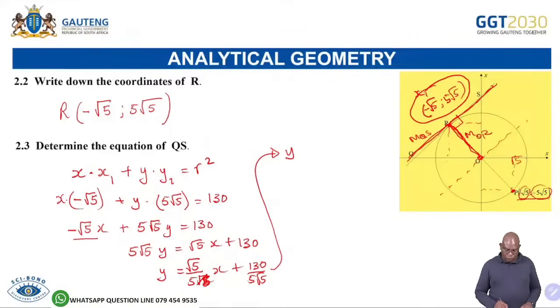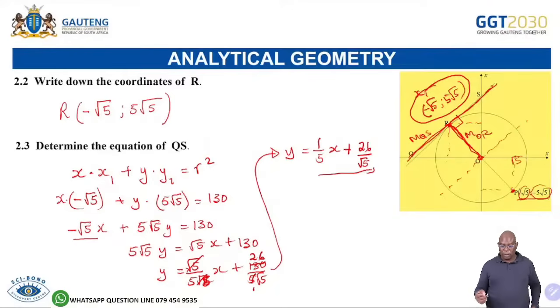Root 5 and root 5 will cancel out, so I'm going to have 1 over 5 x. 5 goes once there, 5 into 130 goes 2 there, and it will go 6 times. So my answer will be plus 26 over root 5. Okay, that is my equation.